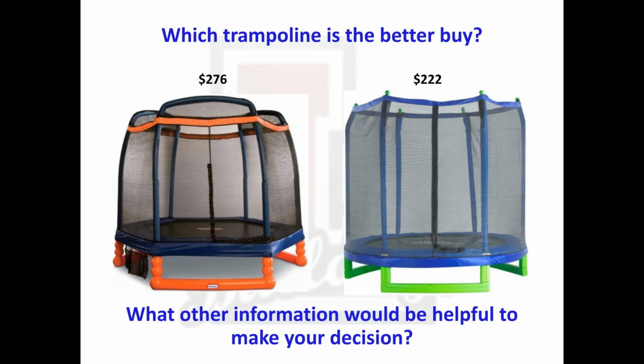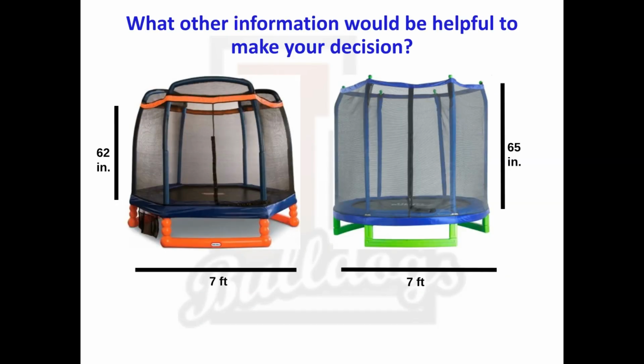What do we need to know about the hexagon in order to find volume? The side lengths and the top. We need to know a side length, and we need to know an apothem. Okay, that way we could use that formula that we've talked about in the past and then still take it times the height. We still need the height of the trampoline. Okay, all right, good. We need all that information in order to do these problems. So here's some numbers for you, so you can go ahead and put those on your picture.